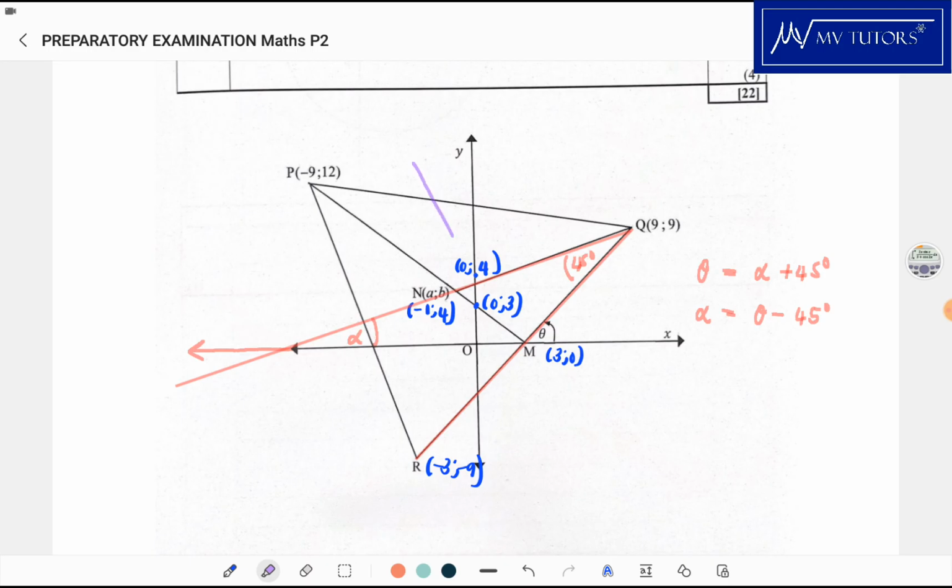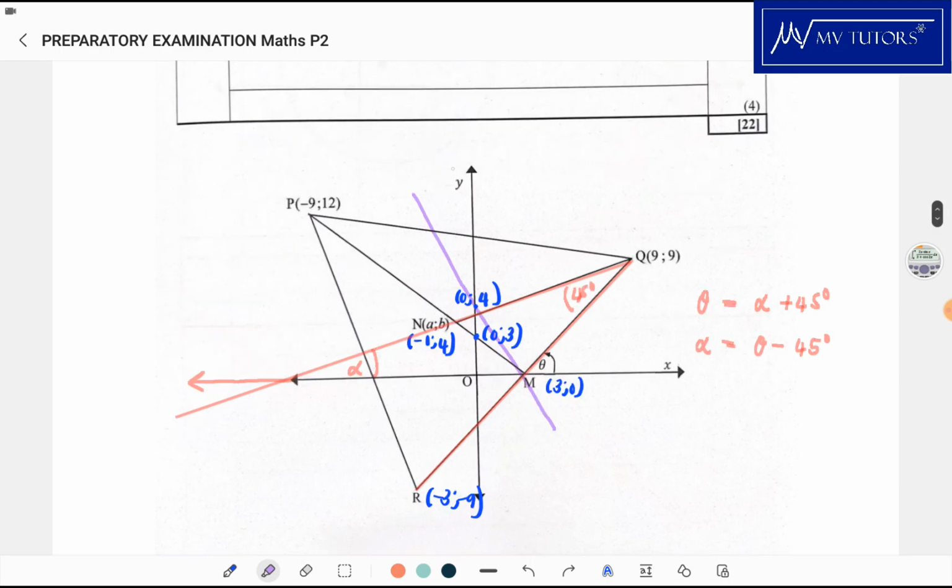Okay, that doesn't look like 45 degrees. It's quite close to, well, not even 90. 90 would be somewhere, yeah, but it's not 45 degrees. So let's just keep rotating it. So maybe if it was somewhere here, I think we're almost there. Yeah, I think this would be 45 degrees.